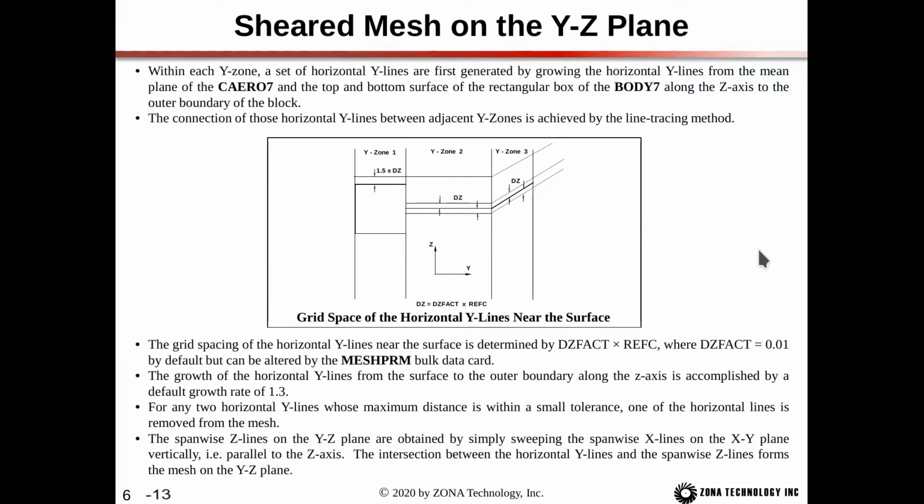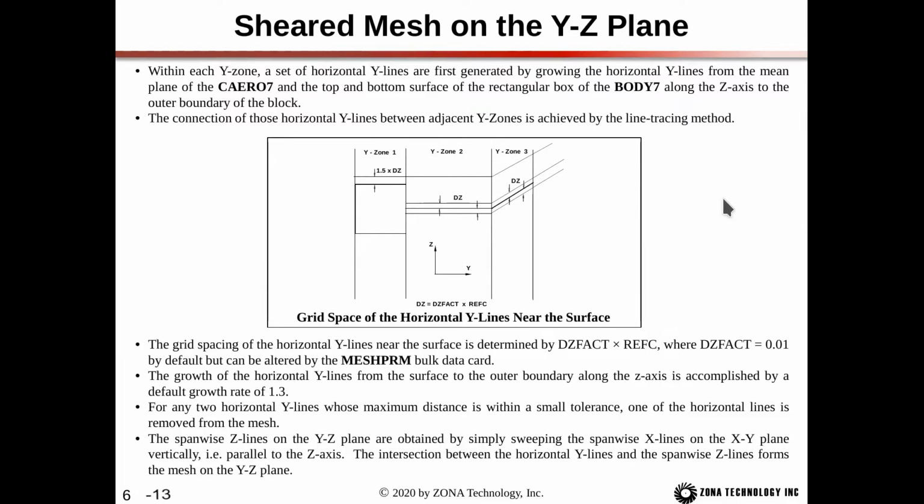And the growth of the horizontal Y lines from the surface to the outer boundary along the Z axis is accomplished by a growth rate of 1.3. So once we get out here, each additional DZ spacing is just 1.3 times the previous DZ spacing.